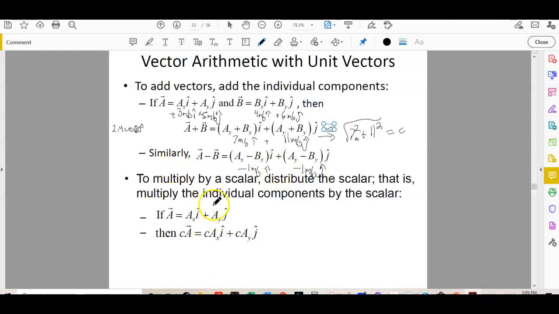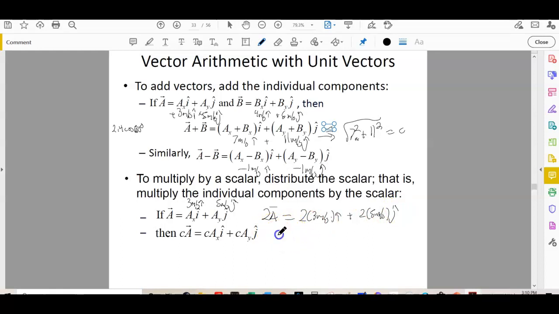Also, to do multiplication, if you had an a vector and you needed to double it, if you had to find what 2a is, right? Let's call this again 3 meters per second i hat, and we'll call this 5 meters per second j hat. Well, 2a is just 2 times 3 meters per second i hat plus 2 times 5 meters per second j hat, right?